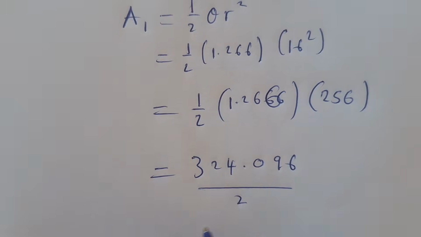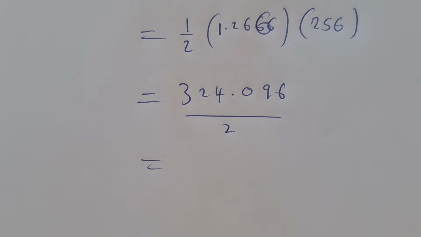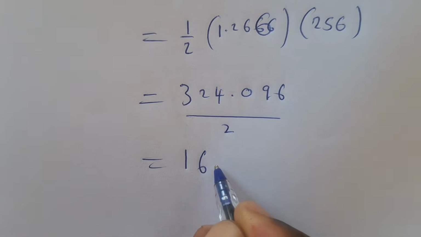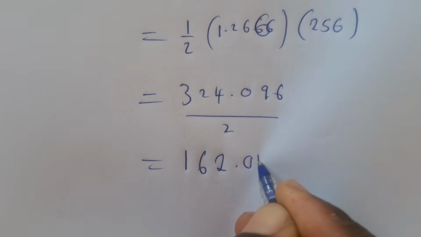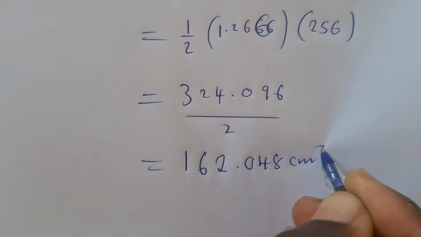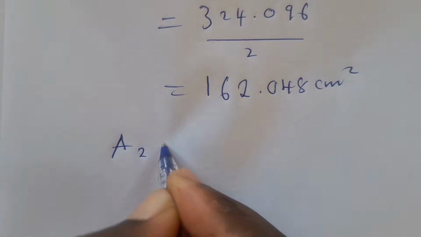We divide by 2. So when we divide by 2, we're going to get 162.048. This is our area for the sector. It's 162.048 centimeters squared.